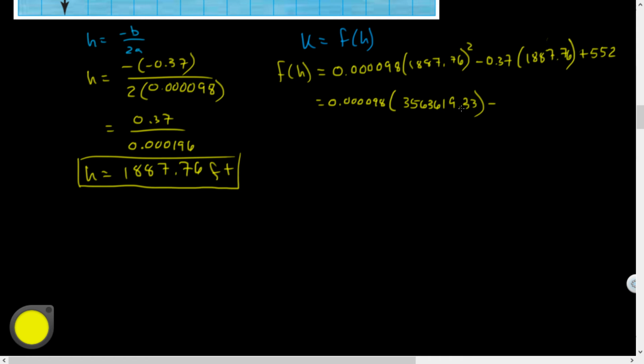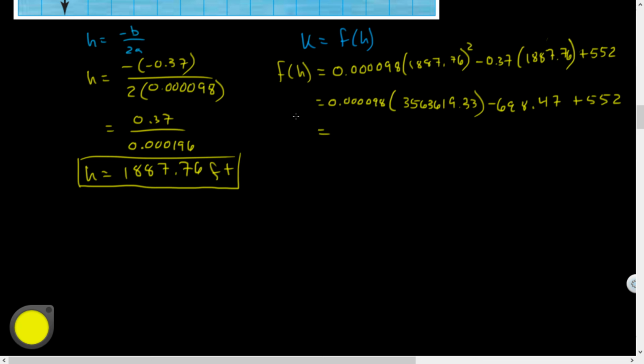So 0.37 multiplied by 1887.76. That's 698.47. We'll call that plus 552. All right, so I've got to multiply these things now, right? Oh, I should have done that all first.